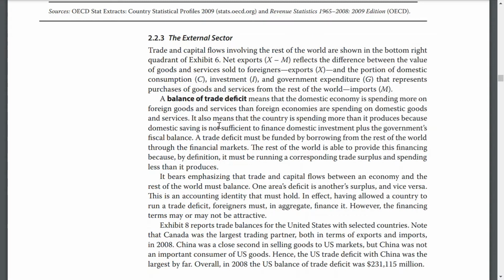Net exports, X minus M, reflects the difference between the value of goods and services sold to foreigners, exports X, and a portion of domestic consumption C, investment I, and government expenditure G that represents the purchase of goods and services from the rest of the world, imports M. A balance of trade deficit means that the domestic economy is spending more on foreign goods and services than foreign economies are spending to connect.